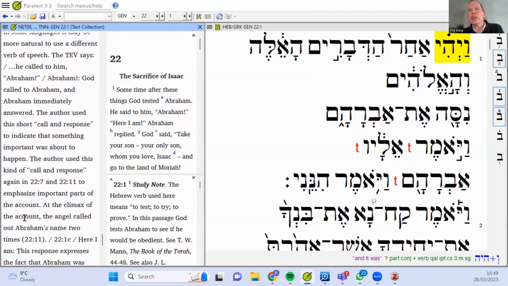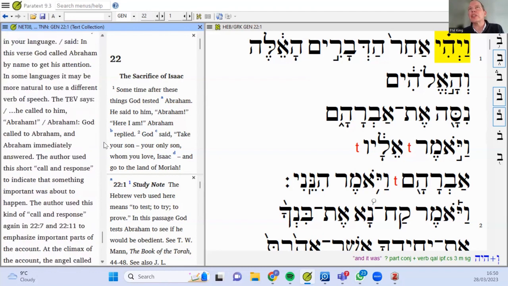It notes here that at the climax of the account, the angel called out Abraham's name 2 times. So it is making me think we need to make a difference perhaps between what we do in verse 1, where he calls out once, and here where he calls out the name twice. That's some ideas from the translator's handbook and the translator's notes.